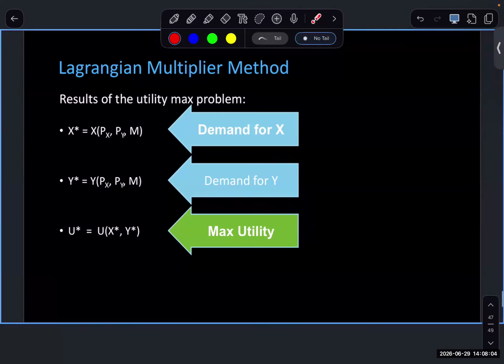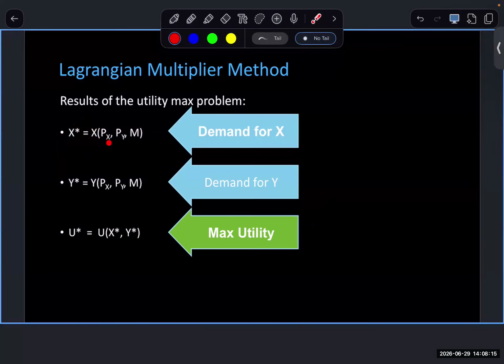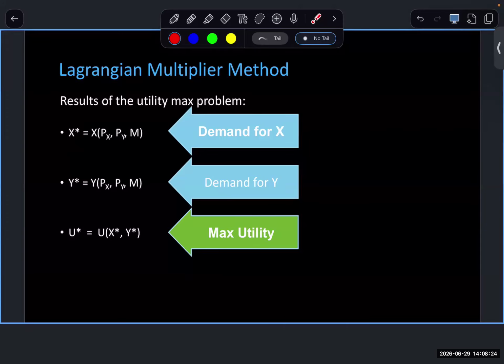And if we optimize, we get the results of the utility maximization problem. We get X as a function of Px, Py, and M. Why? Because Px, Py, and M are normally given by the market. So X star is the demand for X. It's a function of Px, Py, and M. And then we have Y star, the demand for Y. So Y star is a function of Px, Py, and M. We have the maximized utility U star.